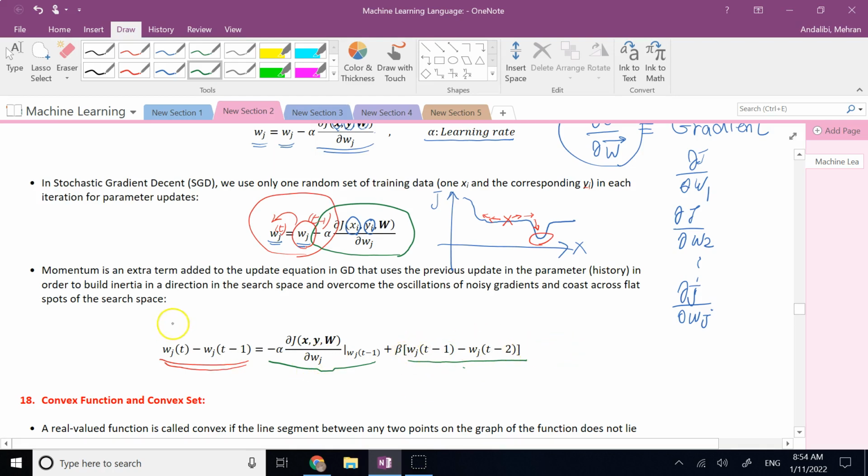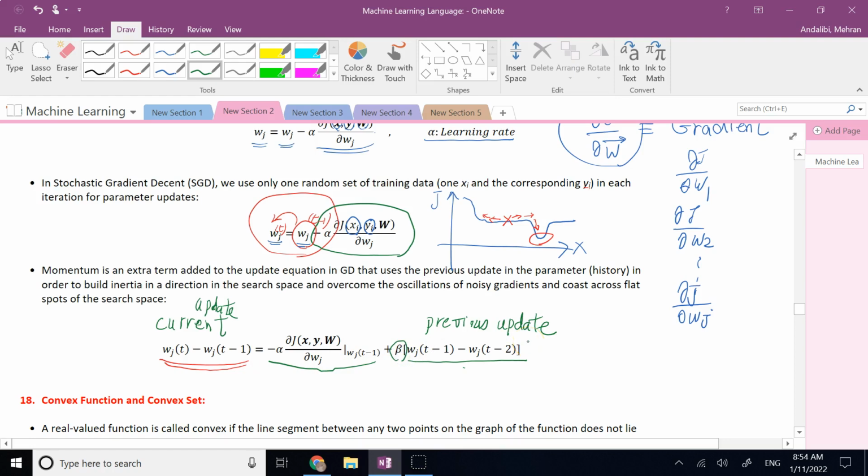So if this is the amount of current weight update, right? This guy here is the previous update. It says whatever you want the current update to be, it should come from the negative gradient plus some portion of the previous update.